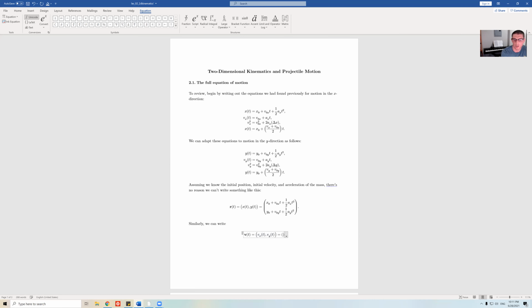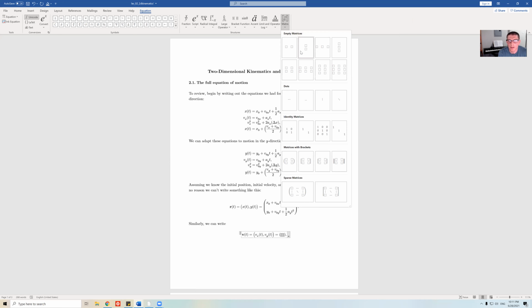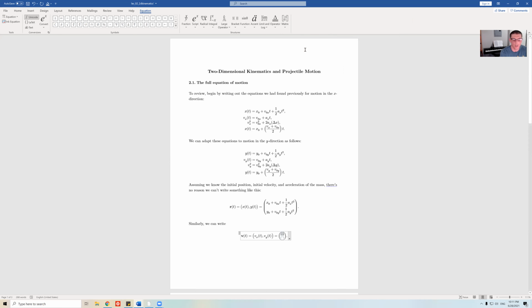Once more, I'm going to use this column vector notation. This one isn't quite as bad. It's just going to be the initial v_x plus a_x t, from the second equation in the first list there, and here we're going to have the initial v_y plus a_y t.